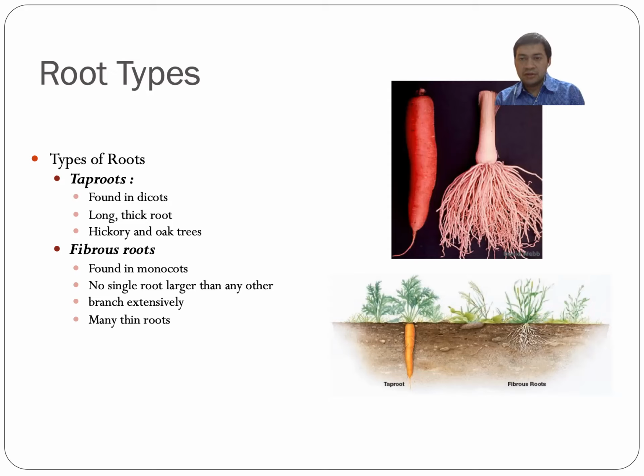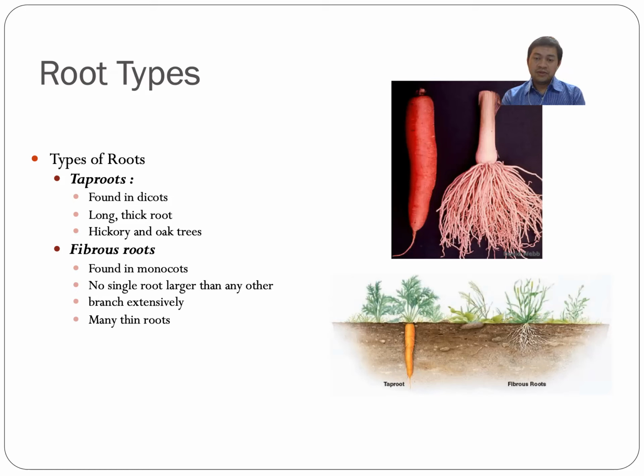If you take a look at the slide, the taproots we can find in dicots. Usually it is a long and thick root, for example hickory and oak trees. While the fibrous roots we can find in monocots.